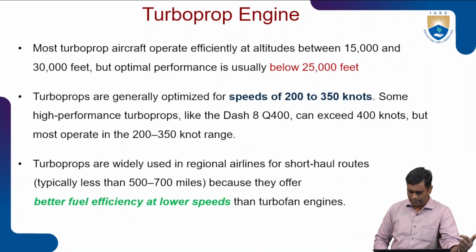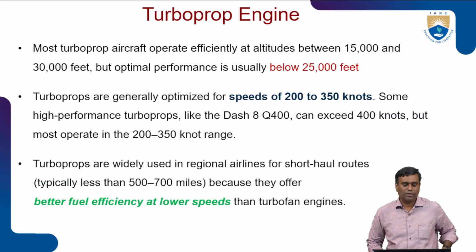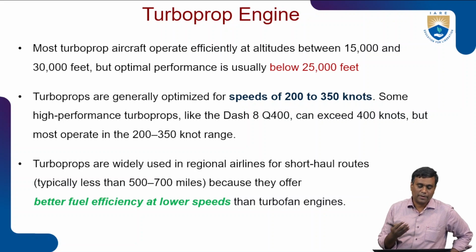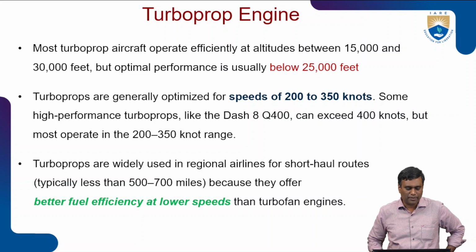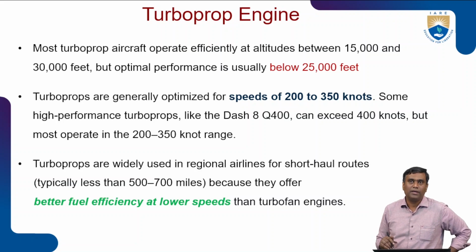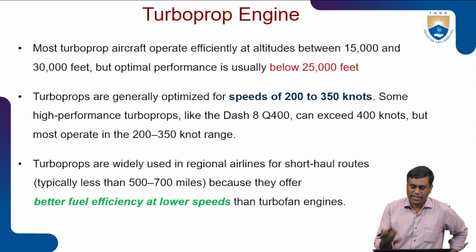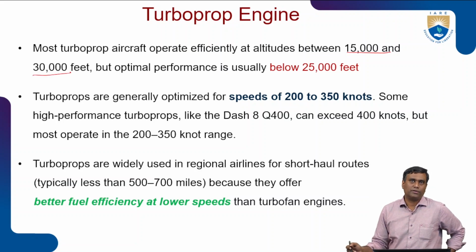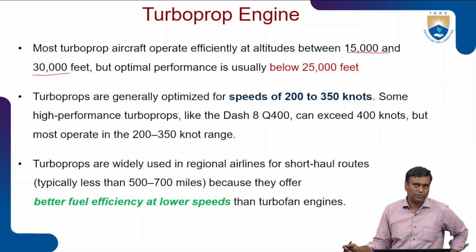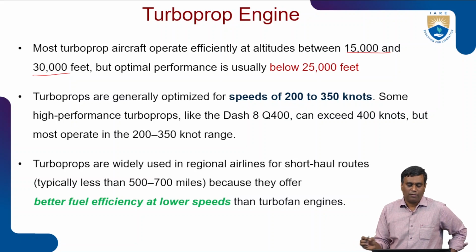And a few performance related points of turboprop engines, you can say it's not parameters but points related to performance. Most of the turboprop engines are designed to fly in the range of 15,000 feet to 30,000 feet mostly, but they are efficient below 25,000 feet, right?